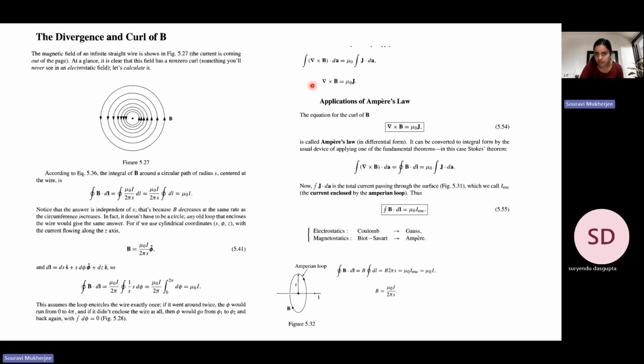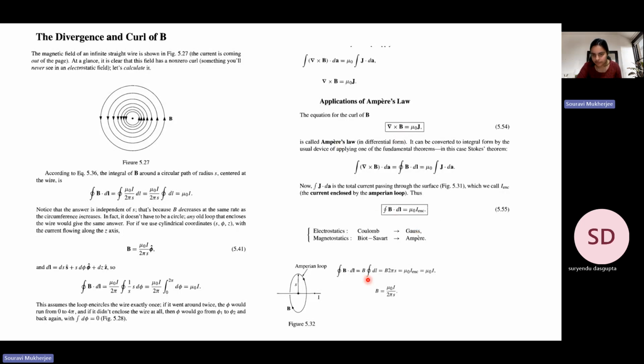So this is the differential form of your Ampere's law, while this here is your integral form. So this is the equation of curl, called Ampere's law.